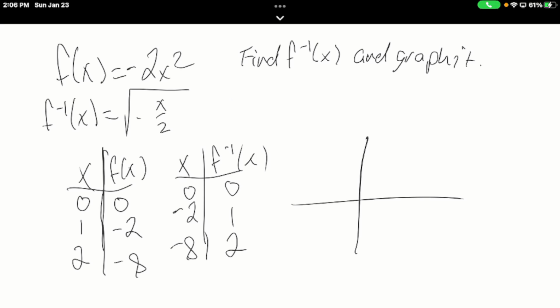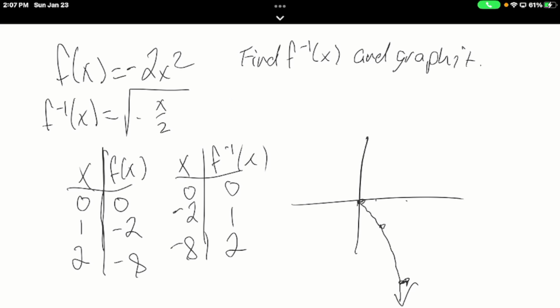So first, I'm going to start off with the original function. I start at 0, 0, 1, negative 2, 2, negative 8. Okay. Since it's a parabola, I'll actually draw this a little more realistically. Since this is a parabola facing down, it's going to have a slight curve to it. That's going through that point.